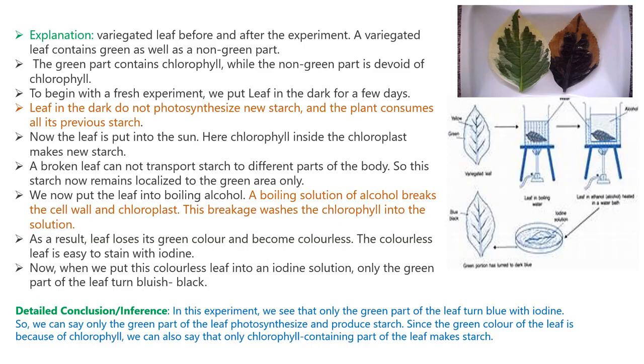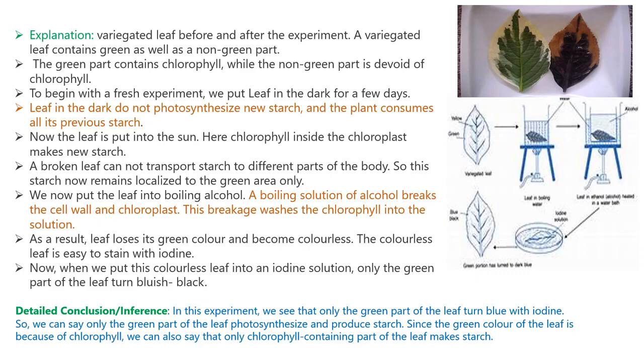To start with the experiment, we have to destarch the plant. Now what do we mean by destarching a plant? Destarching a plant means removing the starch in the plant wherever it is stored. We know that in a plant the starch is also stored in leaves.